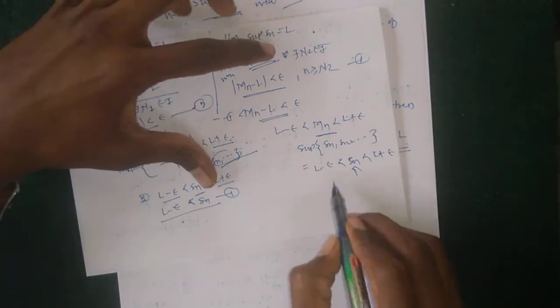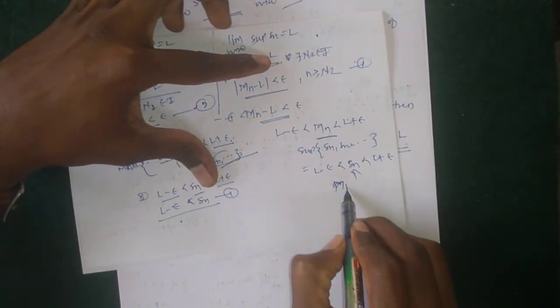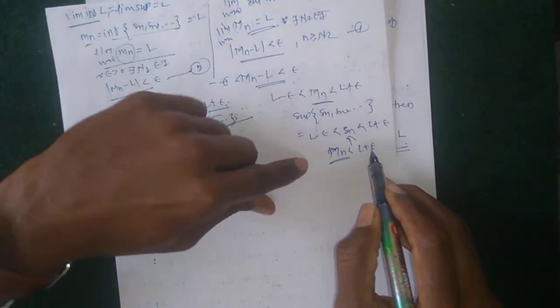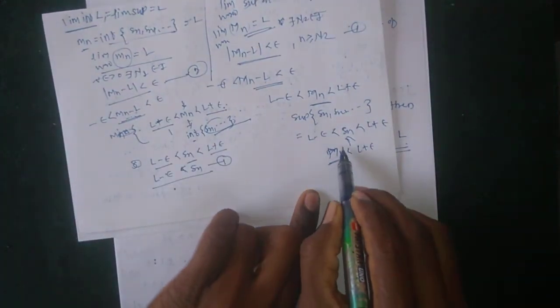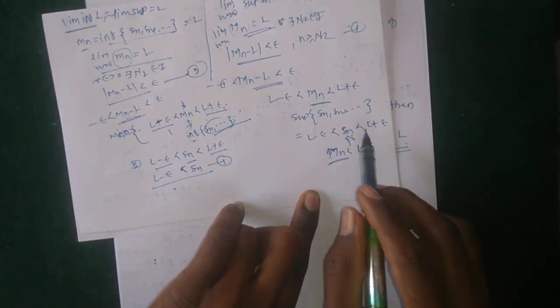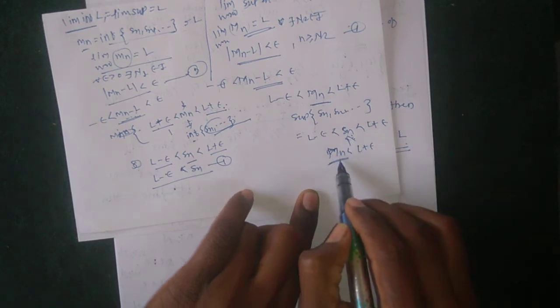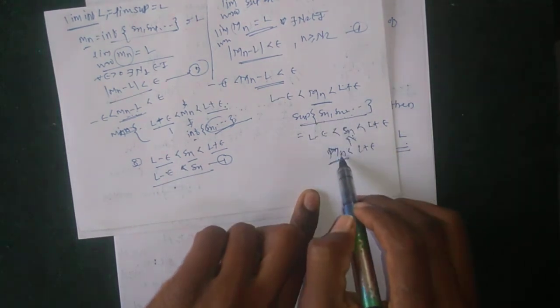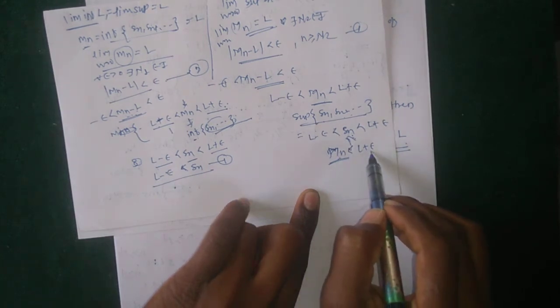Which implies that Mn must be less than L plus epsilon, and Sn is one of the terms of the given sequence. Mn is the supremum of Sn+1 and so on, and therefore Mn is less than L plus epsilon.